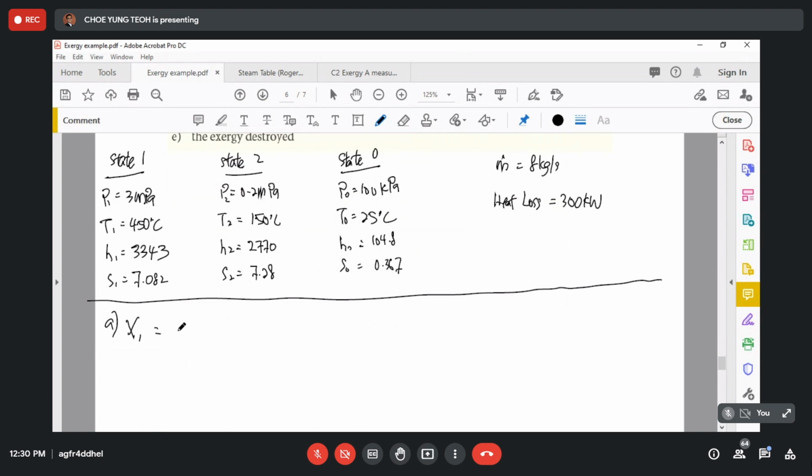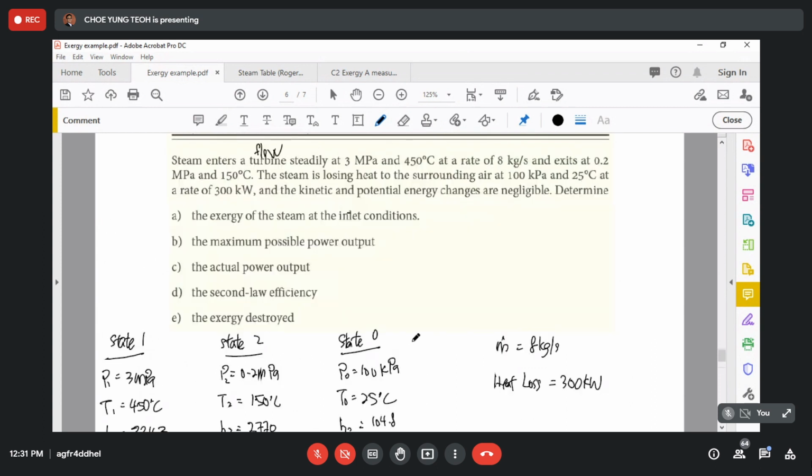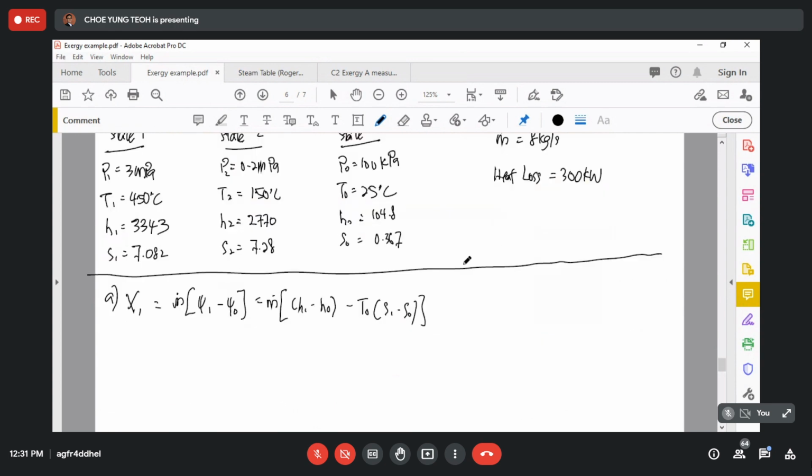And x1 equals m times phi1 minus phi0, which is equivalent to, then second is the work done to surrounding, don't have the irreversibility. Then change of kinetic energy and change of potential energy. So I think we only have two terms.